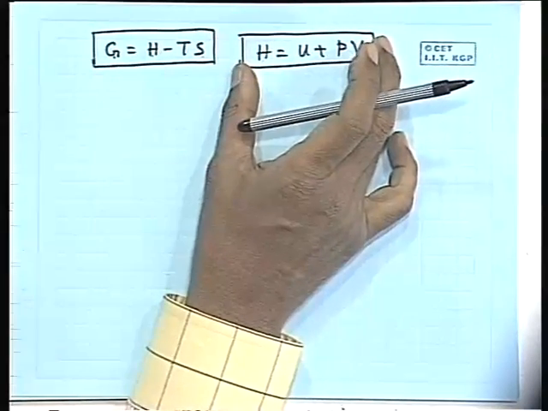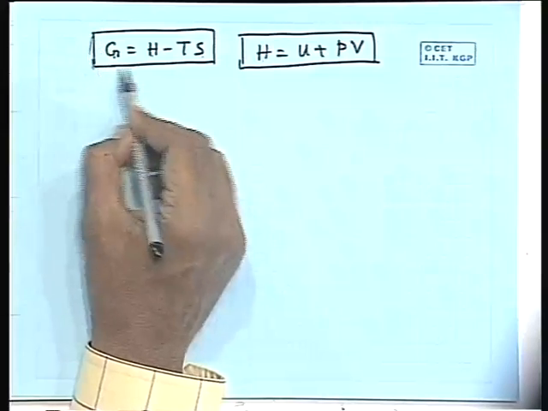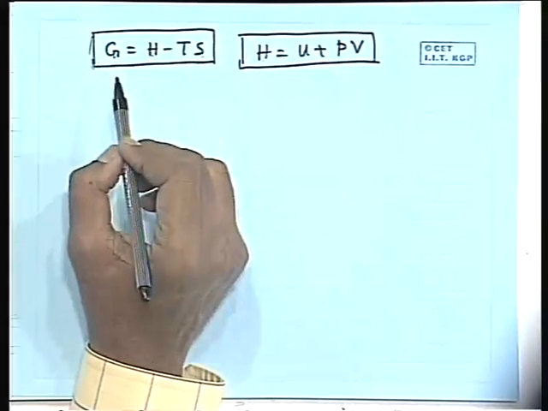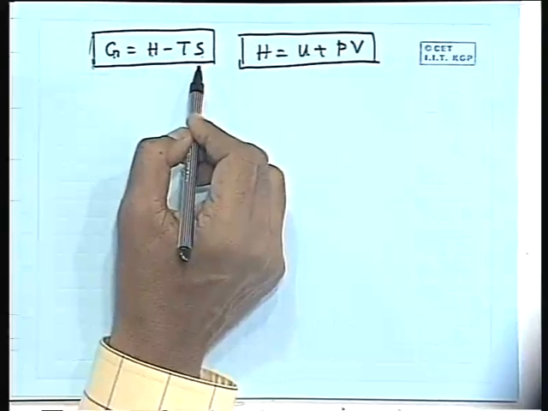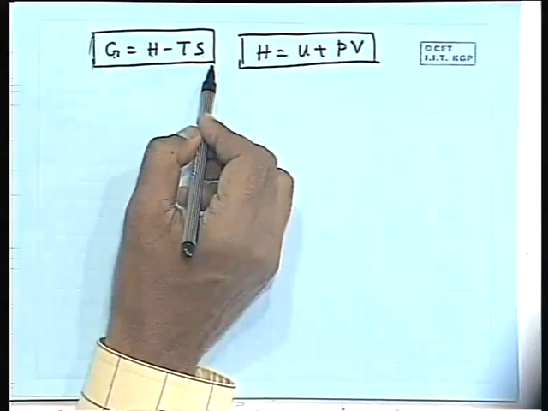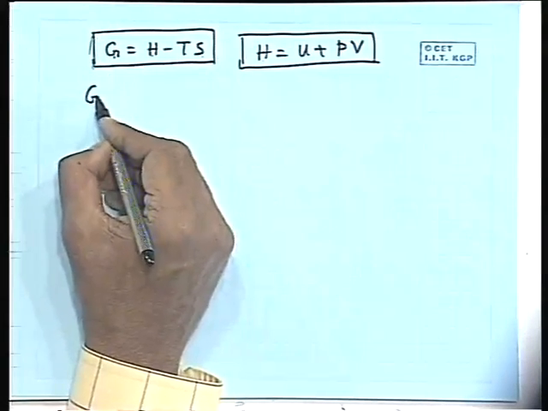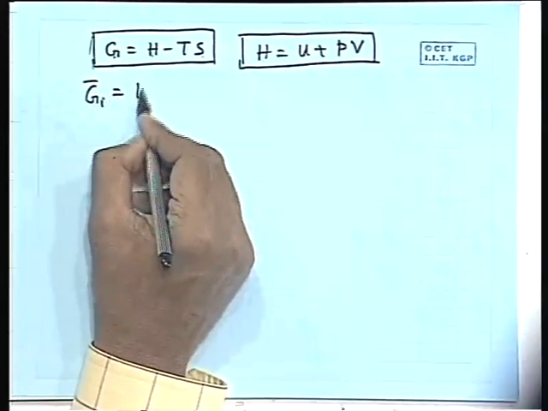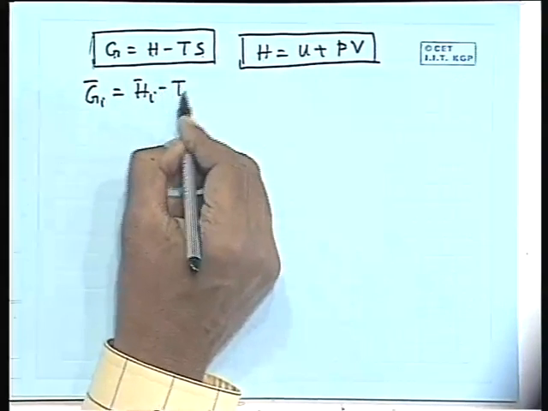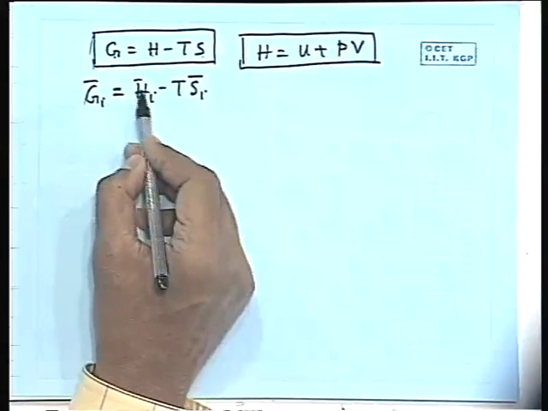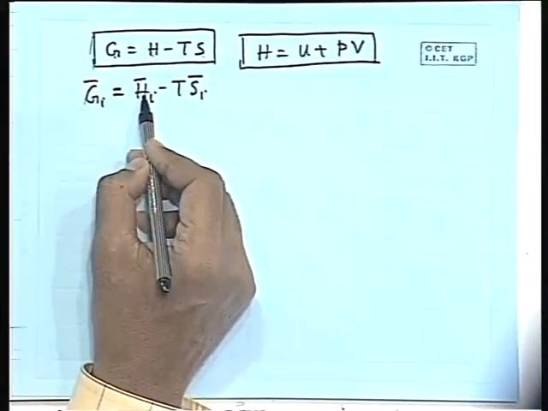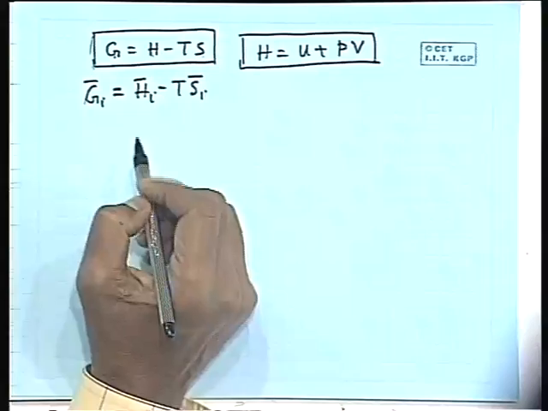Now I will show you that the same relationship can be expressed for a multi-component system in terms of the partial molar property of a particular component. That means for the ith component we can write that the same relationship holds: the partial molar Gibbs function is equal to the partial molar enthalpy minus T into the partial molar entropy.